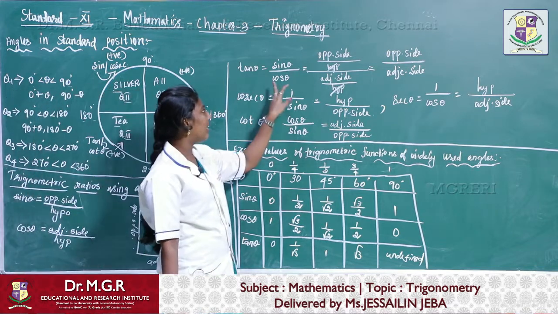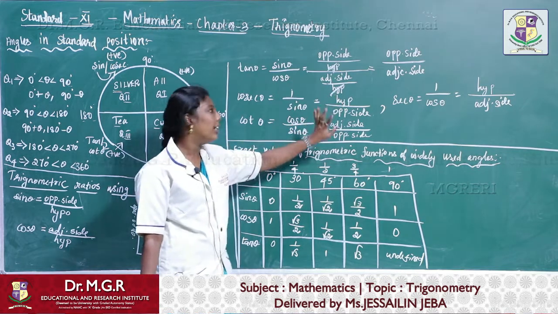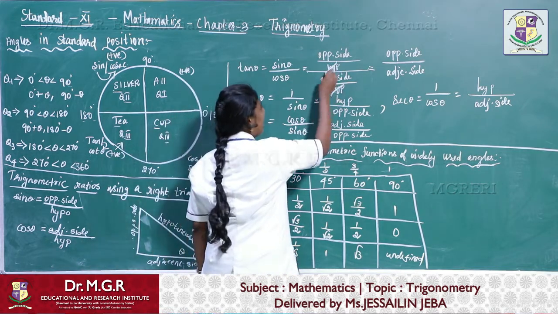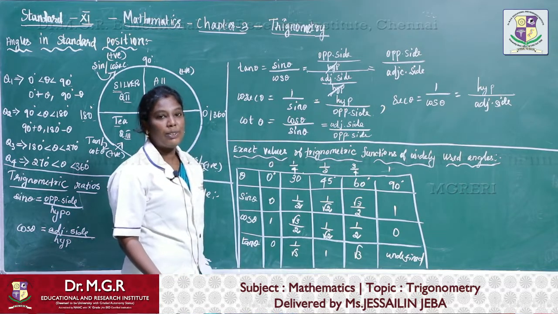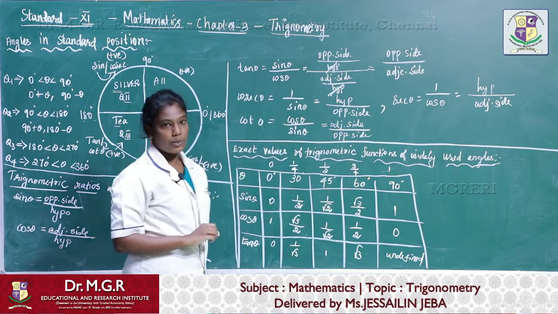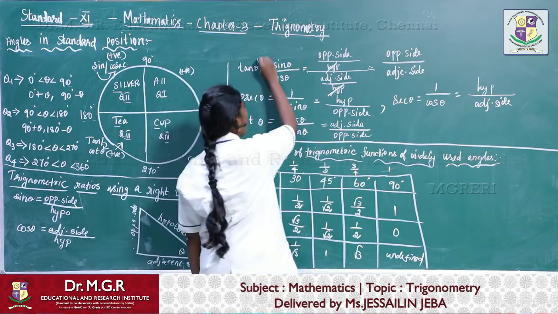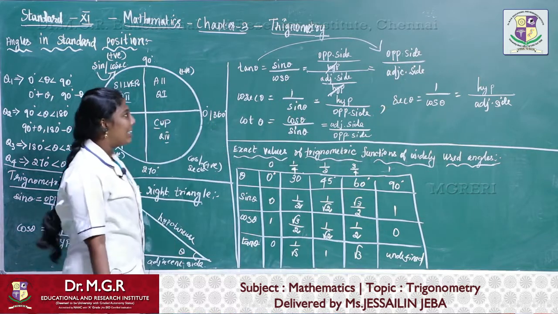So we can cancel this hypotenuse and hypotenuse. What are all the rest of the terms we are having? Opposite side by adjacent side. So this is our formula for tan theta, opposite by adjacent.